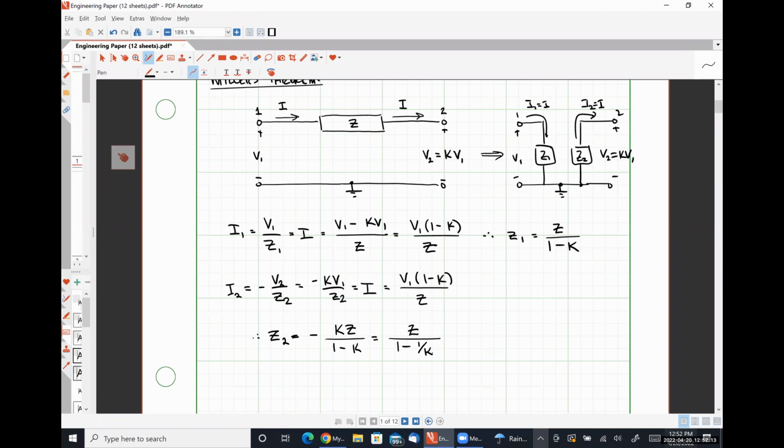So this is what my Z1 and Z2 impedances come out to be using Miller's theorem. All right. So I'm going to put boxes around those just real quick.